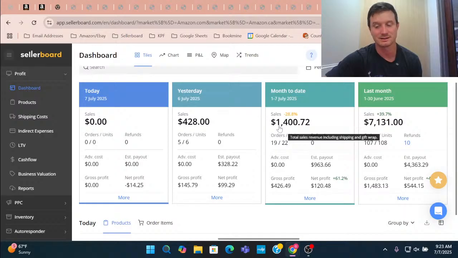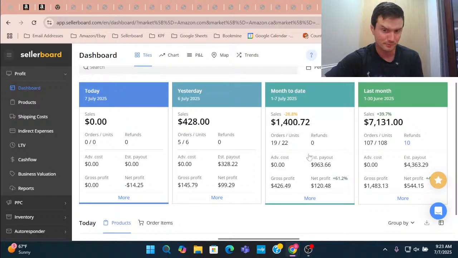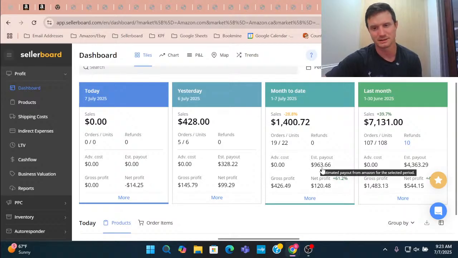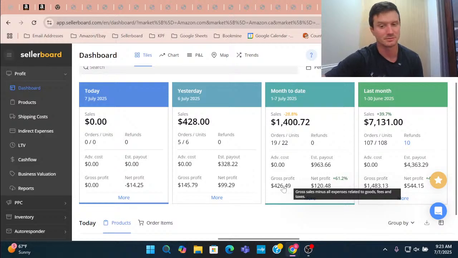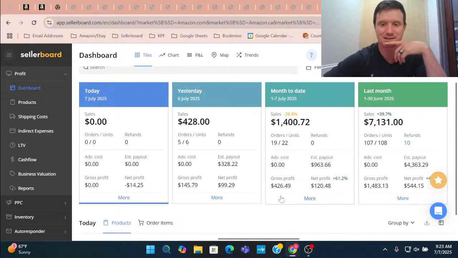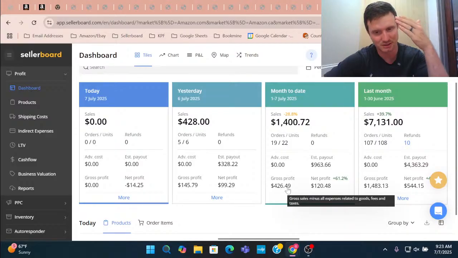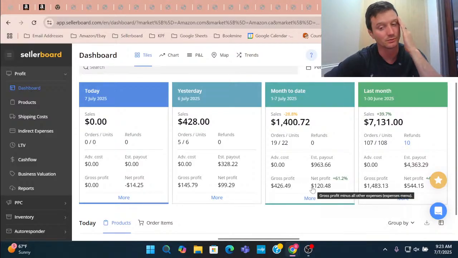So today is the 7th of July, and I've made 1,400 in sales. Getting paid out 963. Once you take the COGS out, I'm getting paid out 426. And then once you get the expenses out of the way, 120.48.